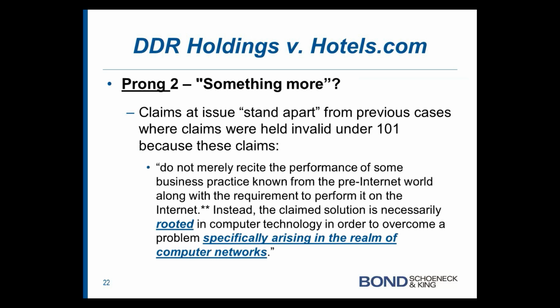The court noted that the claims at issue stand apart from previous cases. Okay, why? What's important here? And this is what we'll be hitting on later. The claims in this case do not merely recite the performance of some business practice known from the pre-internet world, along with the requirement to perform it on the Internet. That's key. Instead, the claim solution is necessarily rooted in computer technology in order to overcome a problem specifically arising in the realm of computer networks.